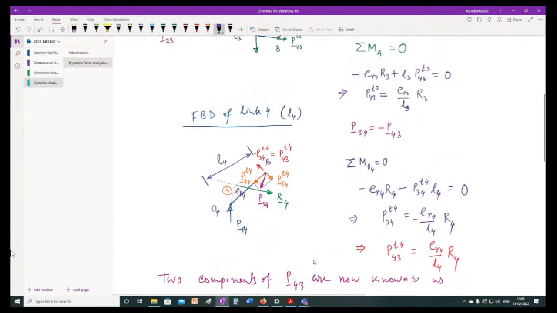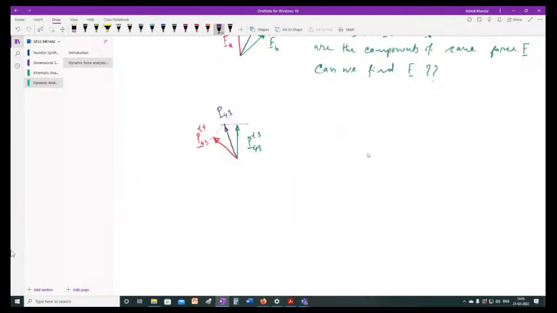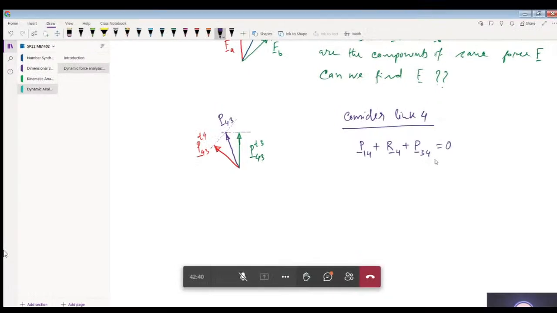So now what we need to do, let's say if we consider link 4, when you consider link 4, the equation P14 plus R4 plus P34 must be equal to 0, right?